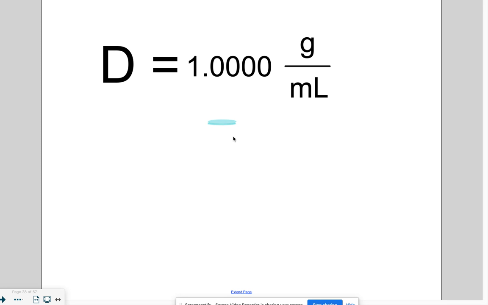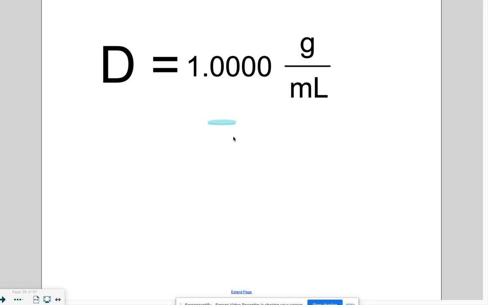And what did they do? I think a lot of you know this story. They used the king's foot as a standard unit of measurement for length. And that's not too different from what we're doing here. We are saying that a milliliter is the amount of water you need to equal 1 gram of mass.